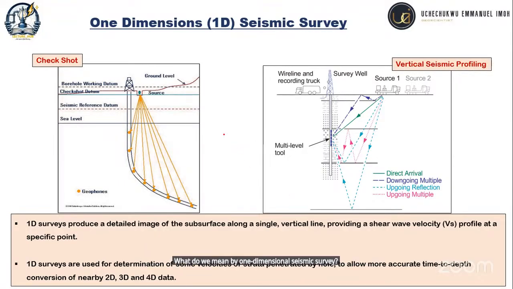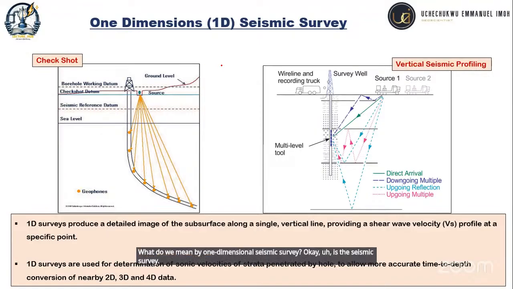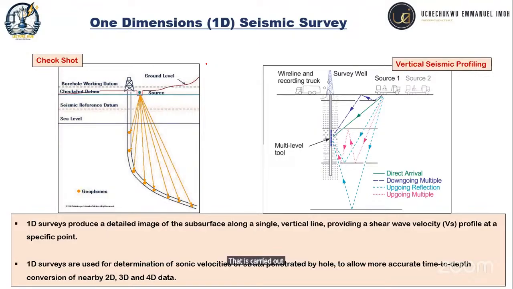It is the seismic survey that is carried out within a wellbore. A company drills an oil well, and within the well, they acquire seismic data inside that well. Now why? Your well is measured in depth.